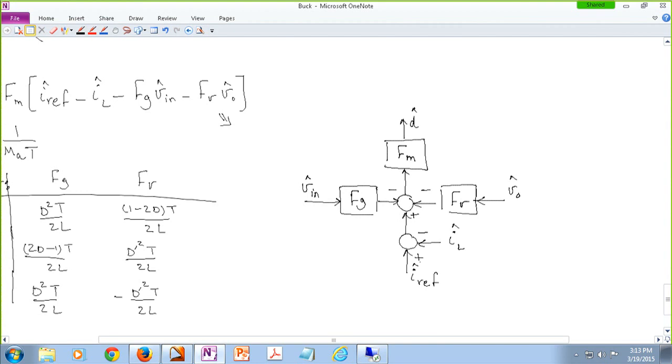Something like this, and then they draw the rest of the converter around it.